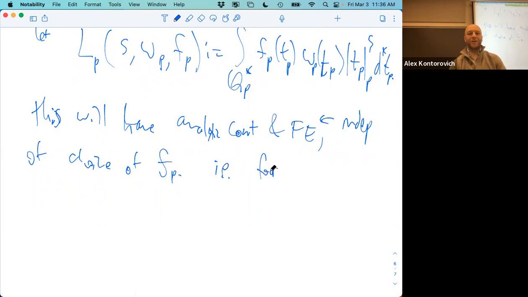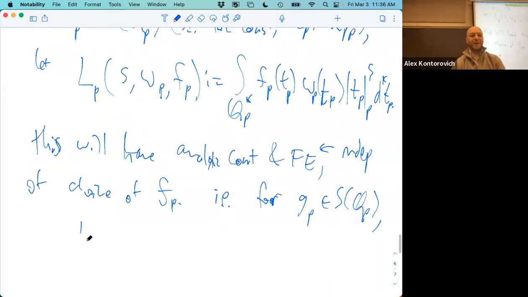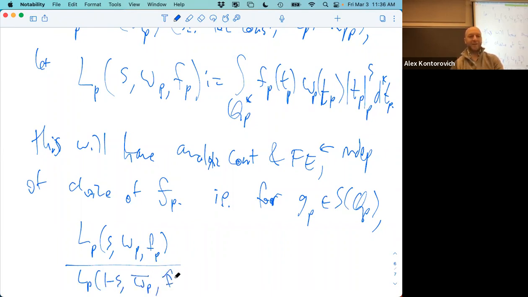In other words, for g_p also Schwartz, if I take L_p(s, omega_p, f_p) and I divide that by L_p(1 minus s, omega_p bar, f hat_p), that's what the functional equation does: it maps s to 1 minus s, omega to omega bar, f_p to f hat_p.